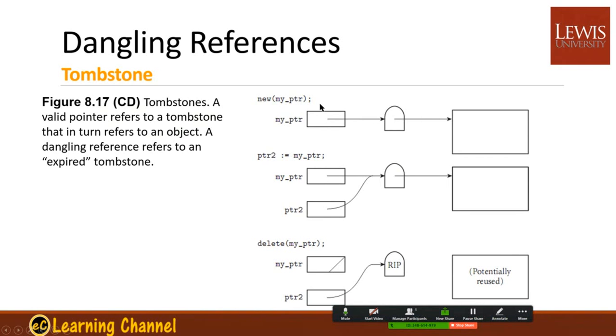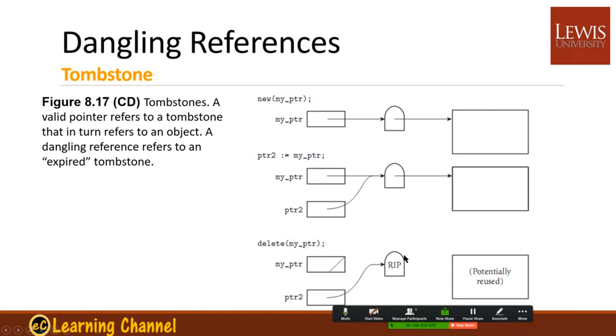So here, basically, you create a pointer and a new object over there, and then you can assign the pointer to some other pointer, pointing to the same tombstone, the same object. Then you can delete one pointer. If you delete this, the object is deleted, but your pointer won't be able to see anything, and pointer 2 is still alive and becomes a dangling reference.